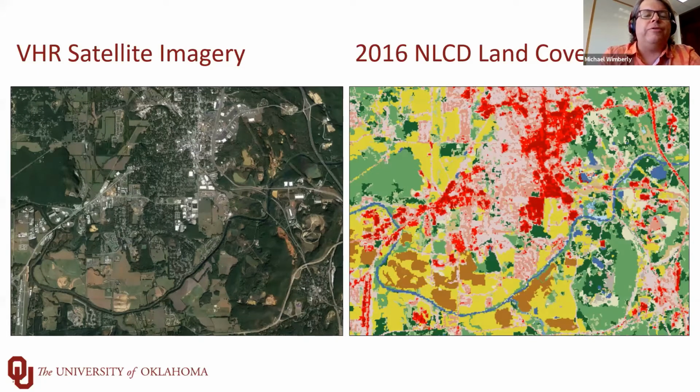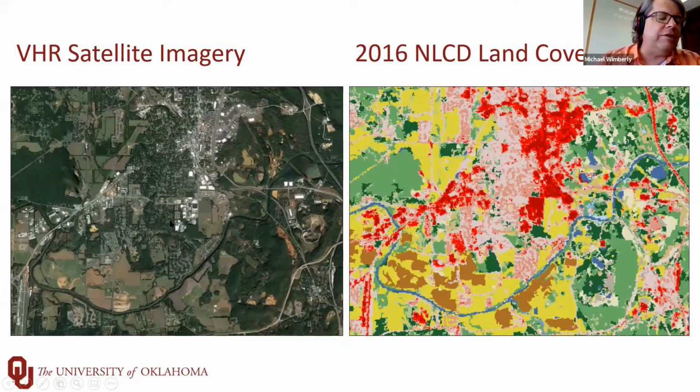But we see some other things too. For example, I hope you can see my cursor, this is an area that is in one of the developed classes, but it actually has quite a few trees in it, which is not as evident from looking at this map.